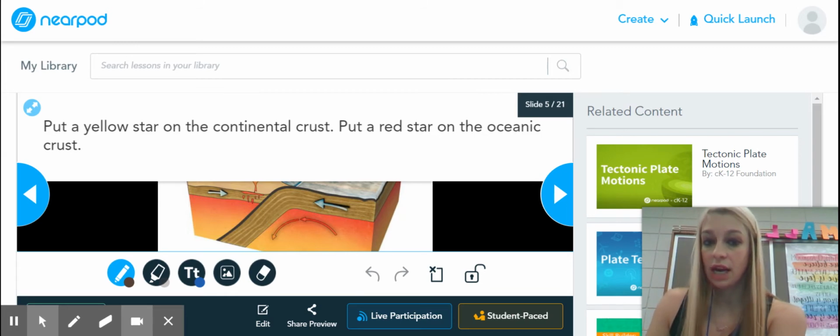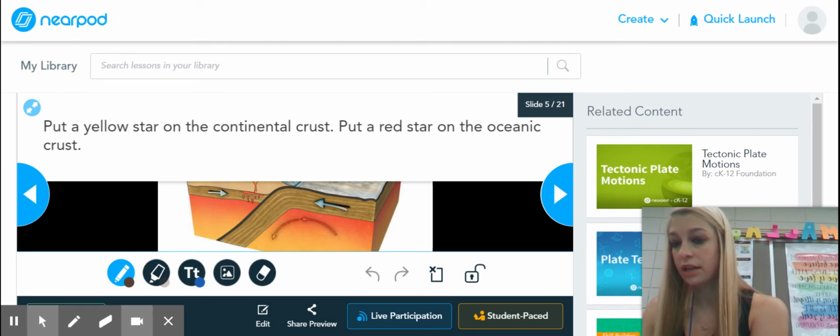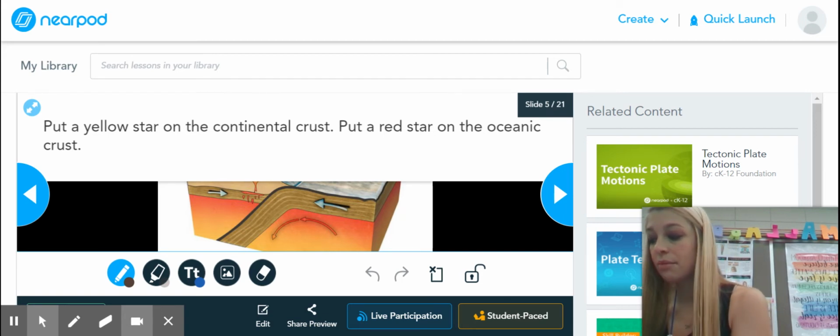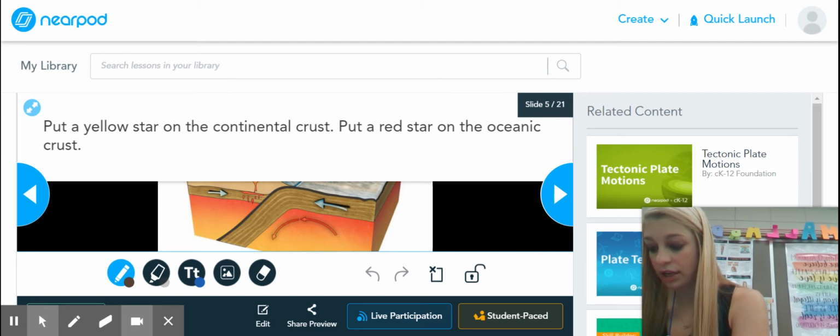This is for the different type of crust, which you should have learned about in the Nearpod. O stands for oceanic, C stands for continental. So this is when we have a convergent collide plate boundary where we have oceanic and continental crust. Oceanic is ocean crust, continental is land crust.